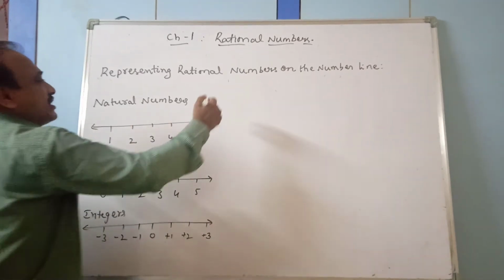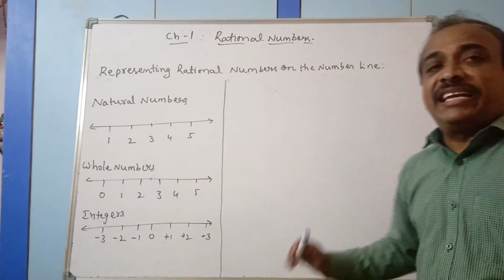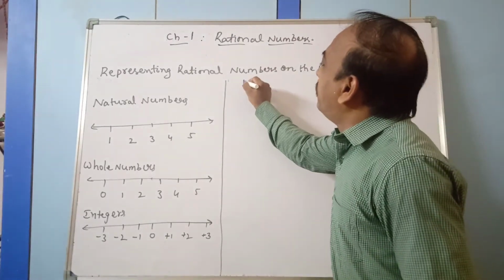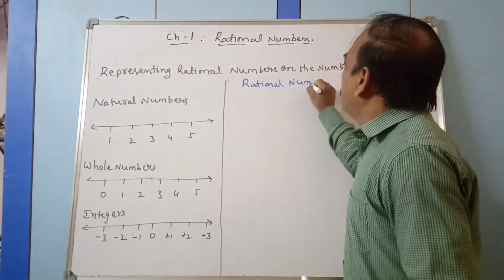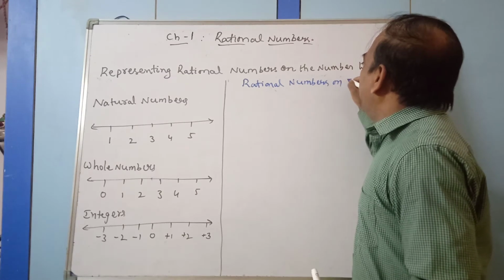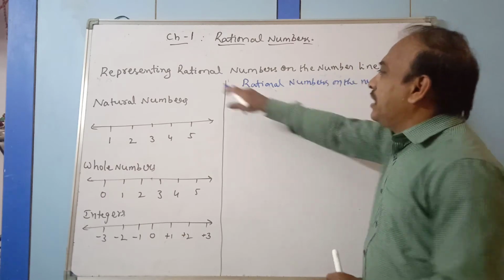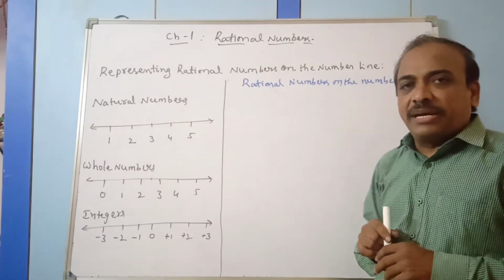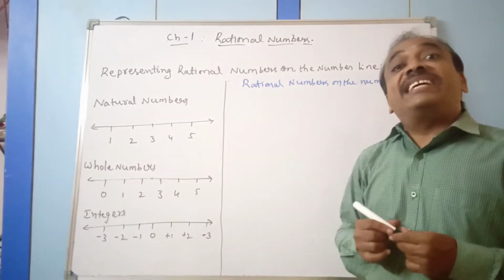Now when it comes to rational numbers, first you have to see whether it is greater than 0 or less than 0. Here these are all natural numbers, whole numbers, integers. Now when you are representing rational numbers on the number line, first thing you have to see is whether it is greater than 0, where it lies.